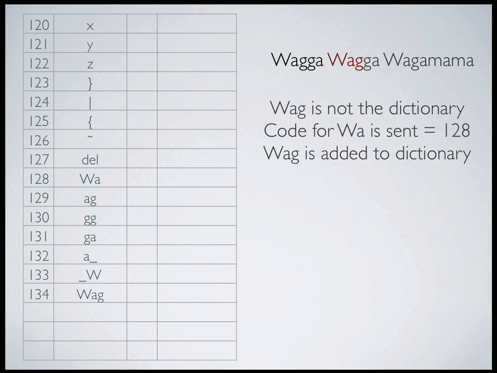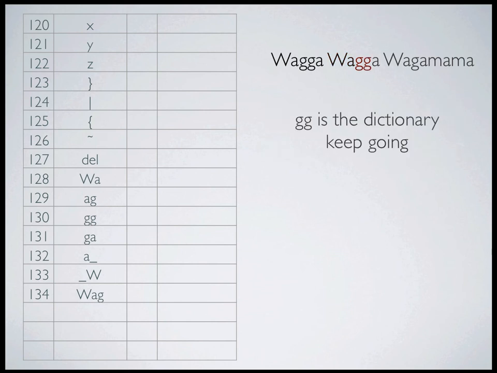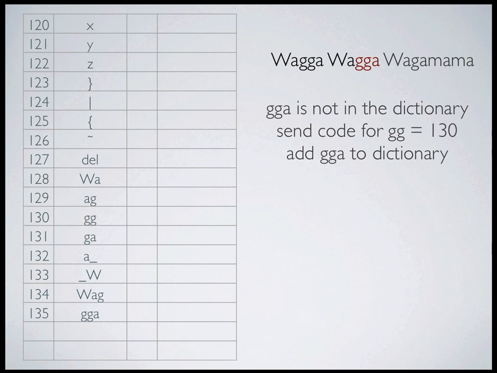So we send the code for WA, which in our dictionary here is 128. And then WAG is added to the dictionary. GG is in the dictionary, so we keep going. GGA is not in the dictionary, so we send the code for GG, which is 130. And we add GGA to the dictionary.